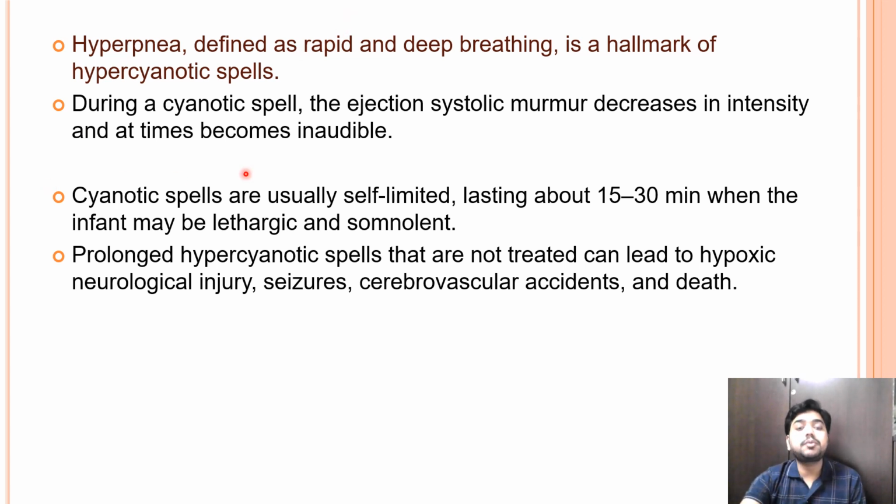We see hyperpnea, defined as rapid and deep breathing, which is the hallmark of hypercyanotic spells. During a cyanotic spell, the ejection systolic murmur decreases in intensity, because the main pathophysiology is the absence of pulmonary blood flow. The ejection systolic murmur in this condition is not due to flow through the VSD, but due to flow through the RVOT.